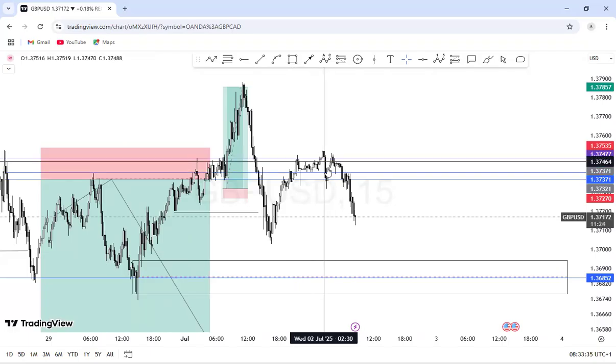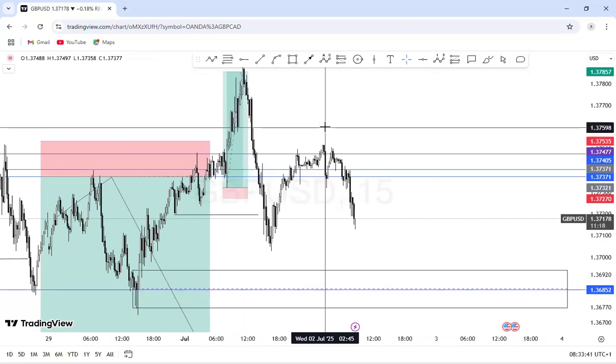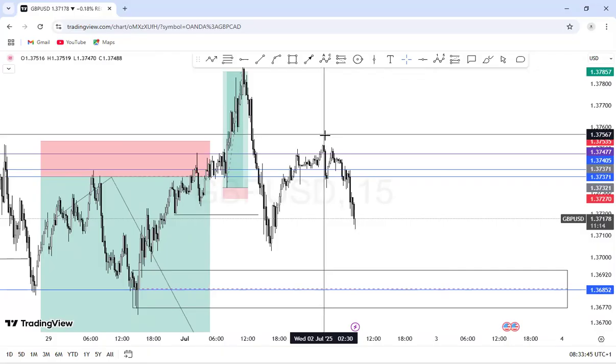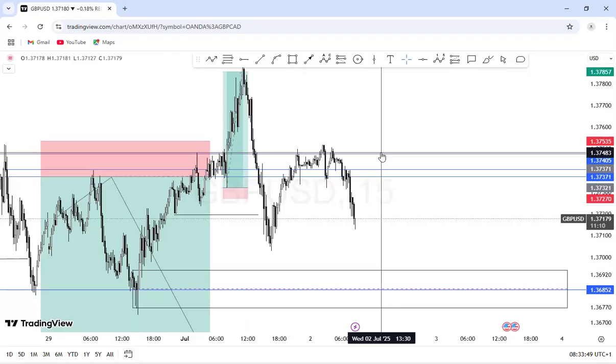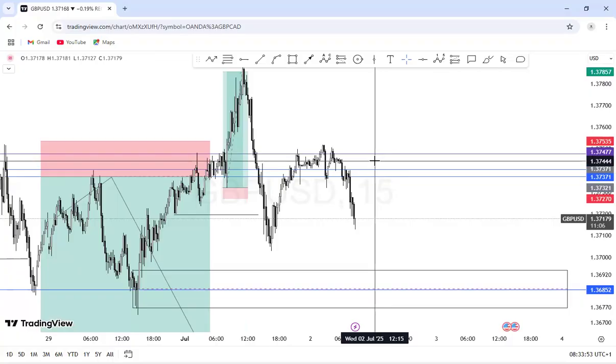And look at this impulsive move. Now, note something: as soon as you see an order block that has a fair value gap, know that the market makers, the smart money traders, are already in that particular setup.